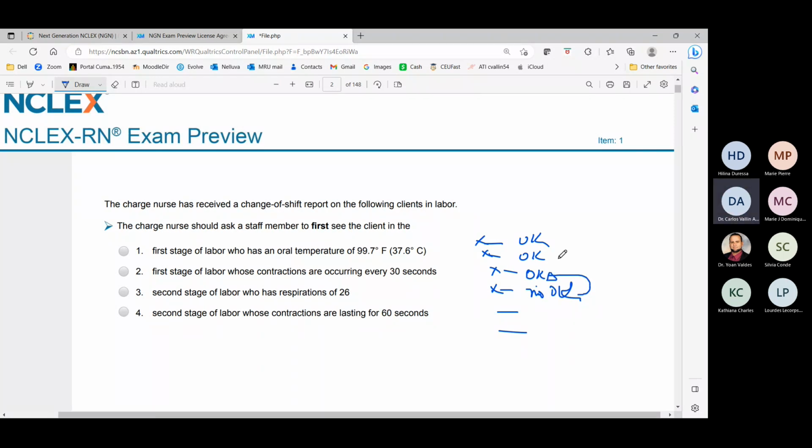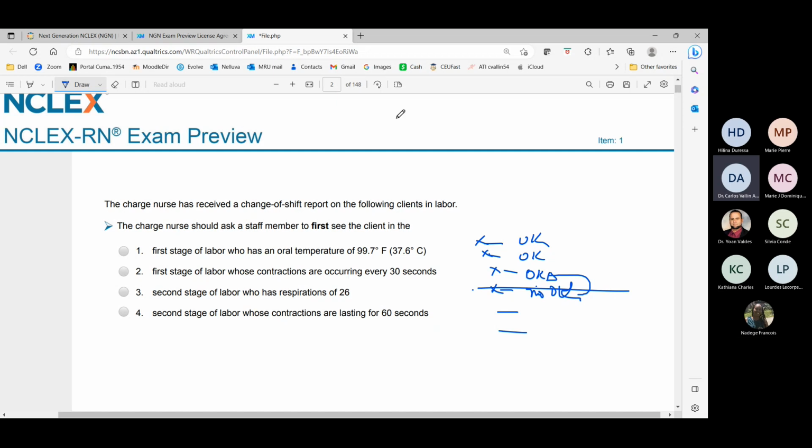So my recommendation: in the multiple choice, try to answer those that you are secure about, those you are sure of the answer. And those that you are very dubious about, leave them blank.